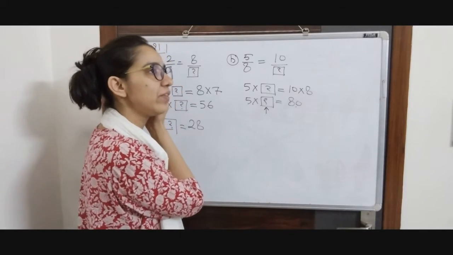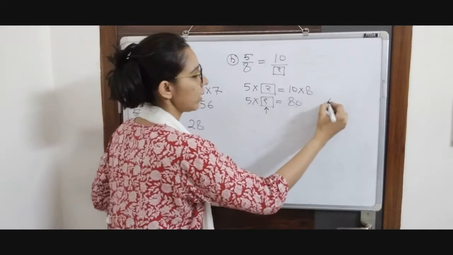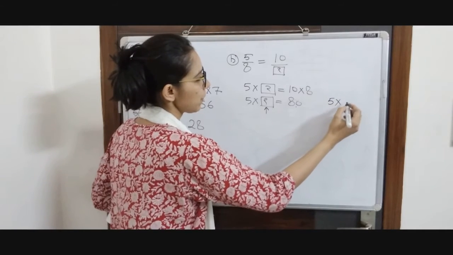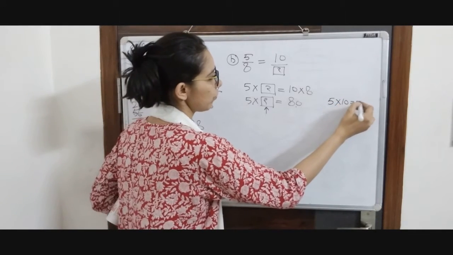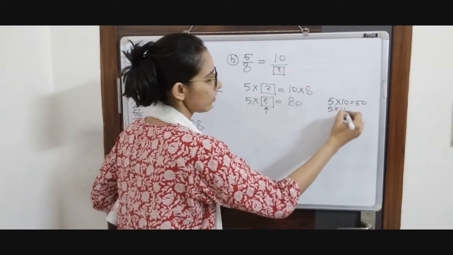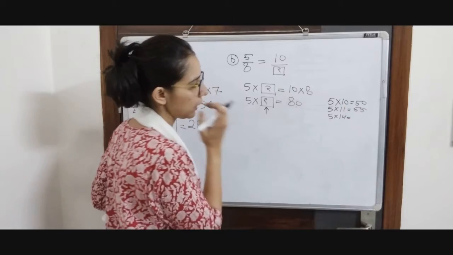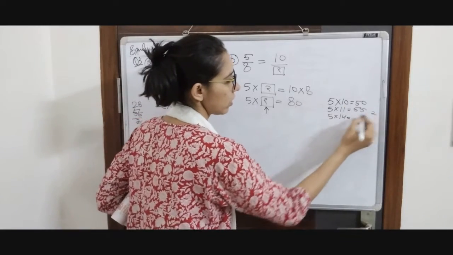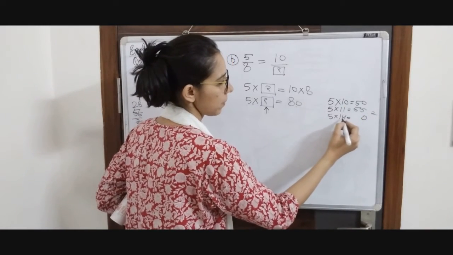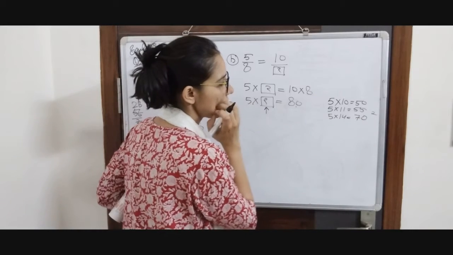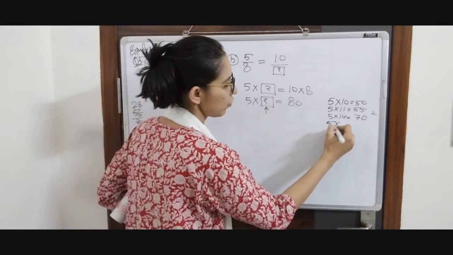Either you can use the trial method. Okay, you can check like this. 5 tens is going to be 50. So I have to try the next number, suppose 14. It is going to be 70. So I will check 5 into 16.